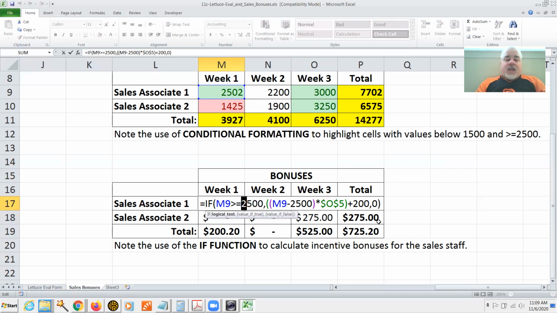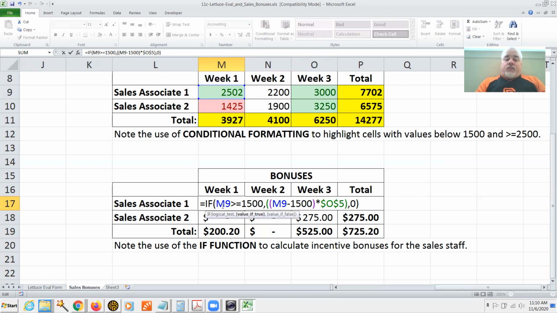What if, and I'll just do this scenario, I'm not going to do this 200, I'm just going to say anything above 1,500. If it's above 1,500, then I'm going to say M9 minus 1,500. So the first 1,500, there's no bonus, times your 10 cents. So I'm going to get 10 cents for everything above 1,500, period, no $200. I'm changing the rules here just so you see how it might work.